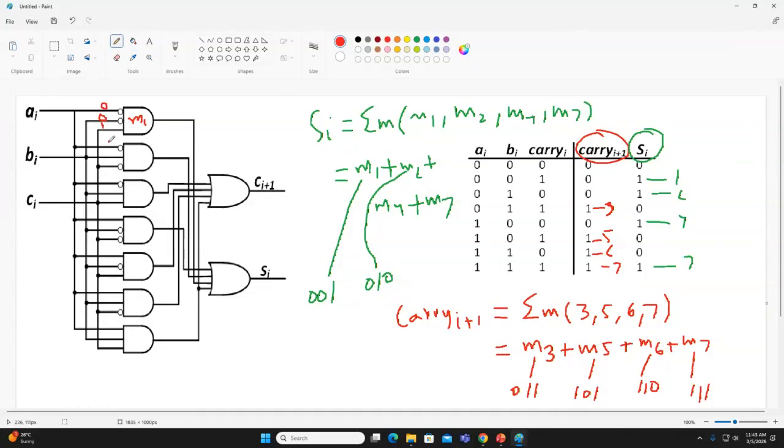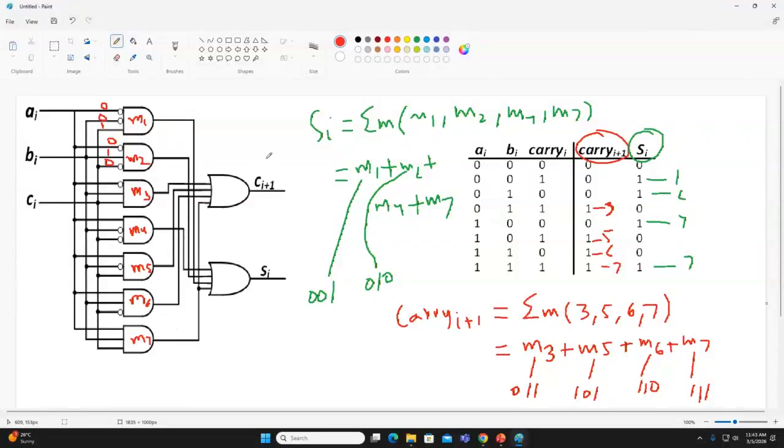What is this? 0, 1, 0, which is M2. And 0, 1, 1 is M3. Then M4, M5, M6, M7.